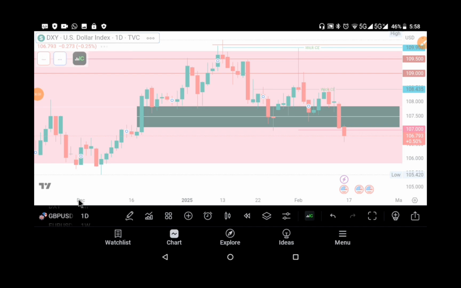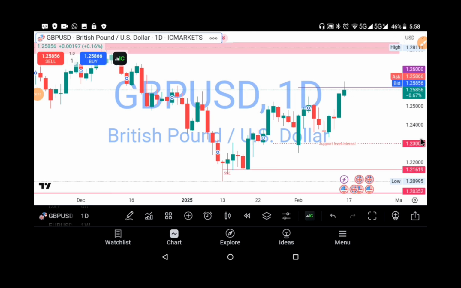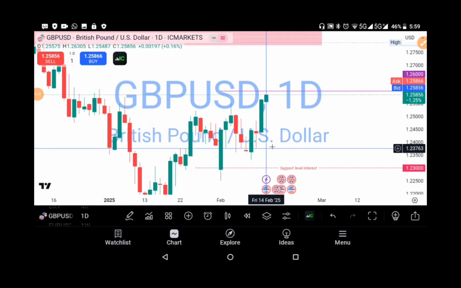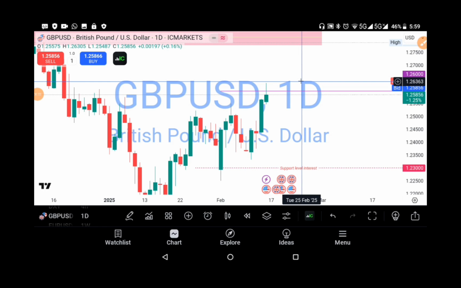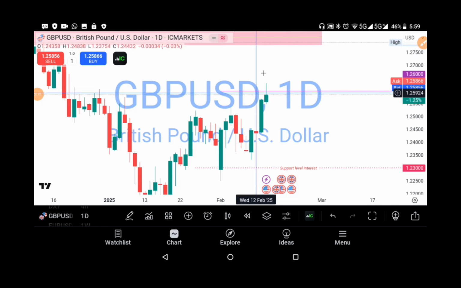On GBP USD last week, I was interested in 1.26 thousand and 1.26 100, 1.26000 and 1.26100. Both levels have been traded into.